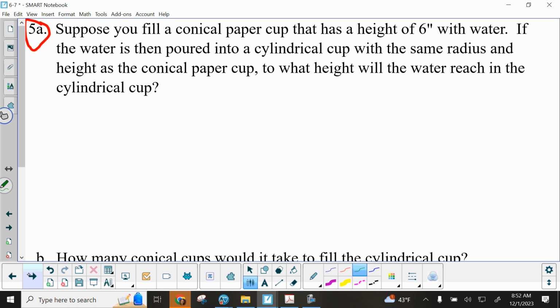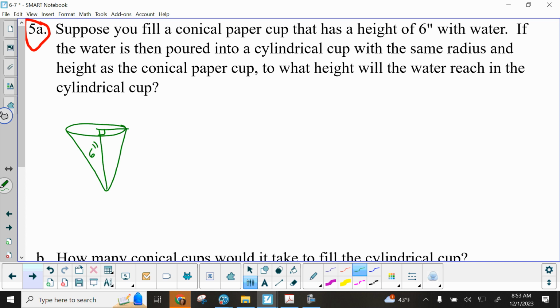So think about what it's asking me to do. I've got a cone as a cup, and I fill it up so that it has a height of 6 inches with water. So 6 inches filled with water.